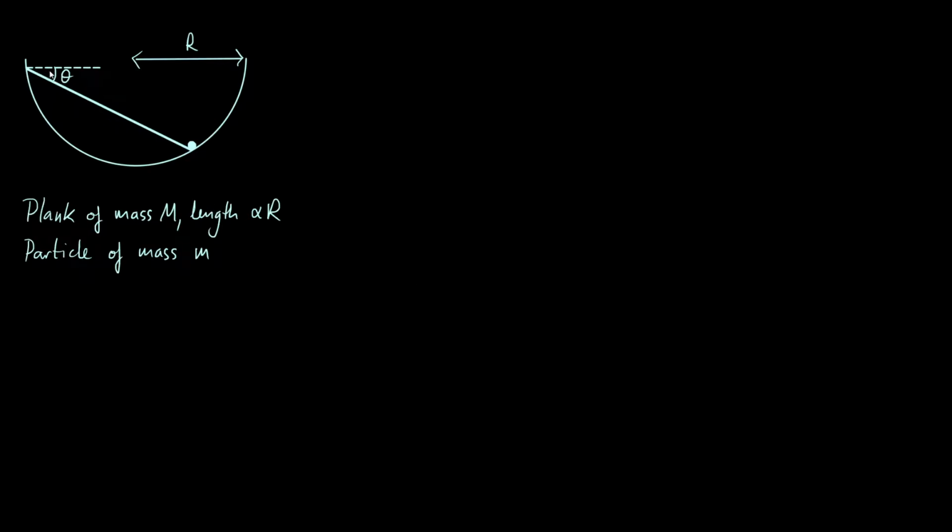So the first thing to do is consider the forces, and so at the 2 points where the plank comes into contact with the bowl, there's going to be a normal reaction force, stopping the plank from falling through the bowl.